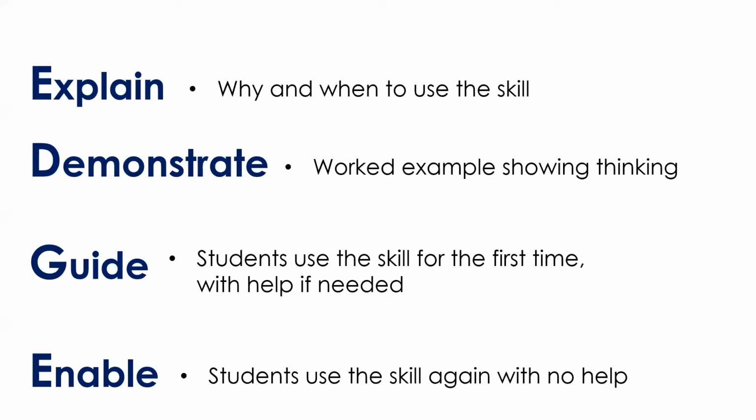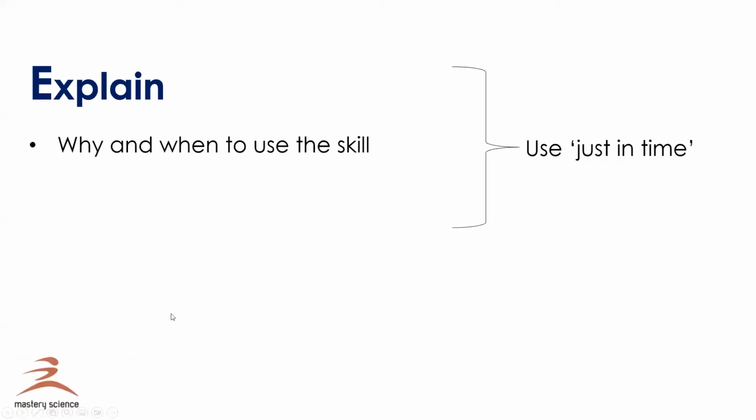So the things that you might do slightly differently from what you do at the moment are the explain stage. You're going to actually tell the students why they need to use this skill, when is it important to use it. And then the enable stage at the end, where you're actually going to get students to use the skill again, but with no help this time. So let's see how that works then using friction as the example.